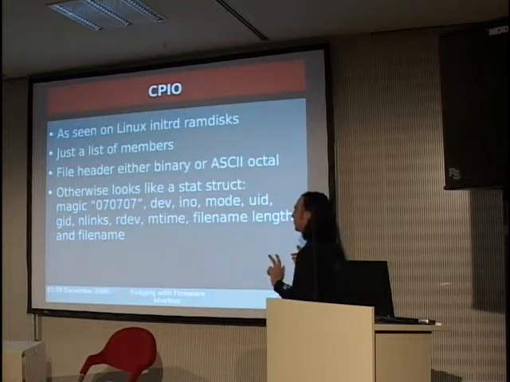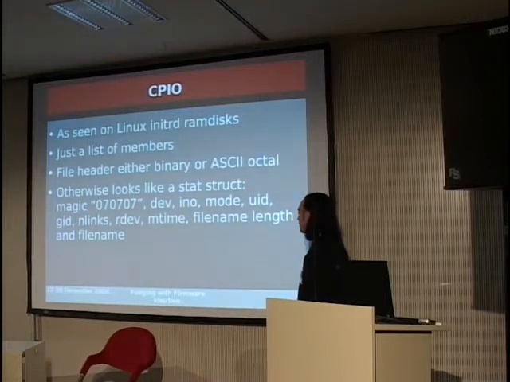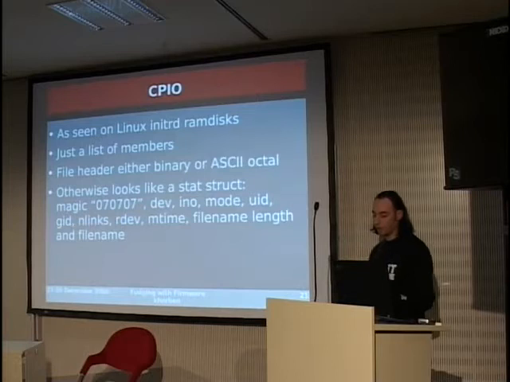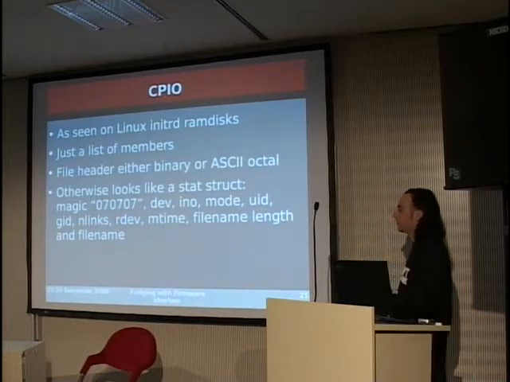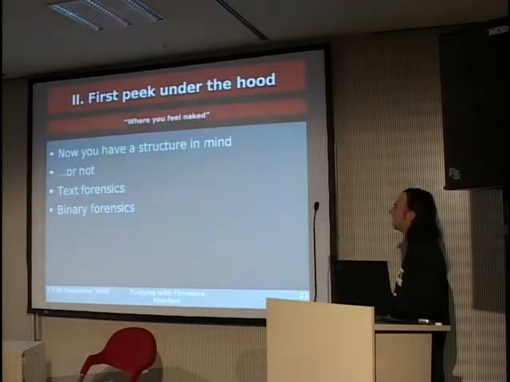So you have to interpret it in one of these 3 ways, and first identify in which way it's encoded. But for the rest, it looks just like a stat structure. So you're going to see an ID number, permissions, modification time, file name length. You can even get more information on what the vendor wants you to know from this. I mean, you can know when the developers are actually having their shifts from the modification time, for instance.